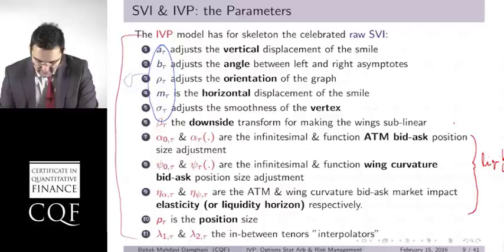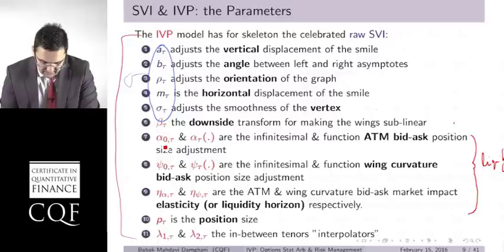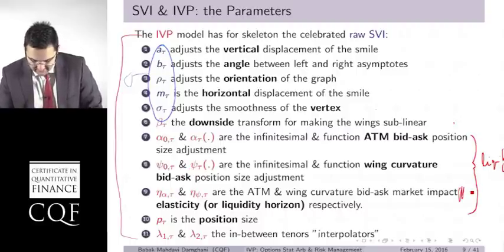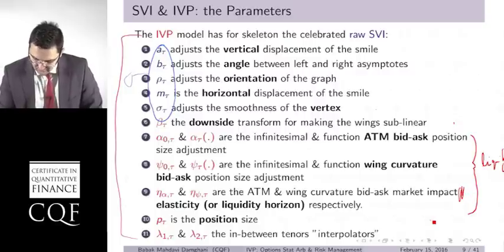You have the at the money bid-ask adjustment, which can be a function or a variable. Similarly, the wing adjustment can be either a variable or a function. Here you have a couple of elasticity-type liquidity-related parameters that we will discuss, and P here is the position size.